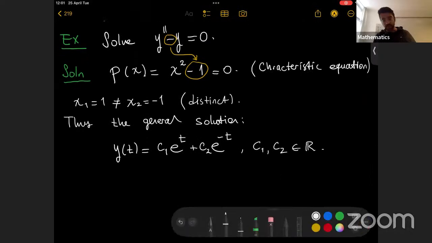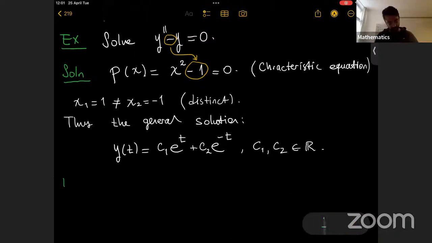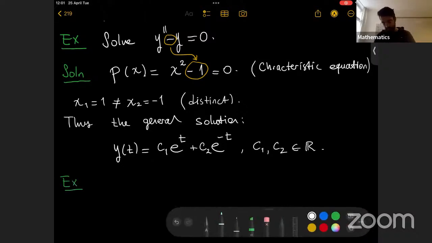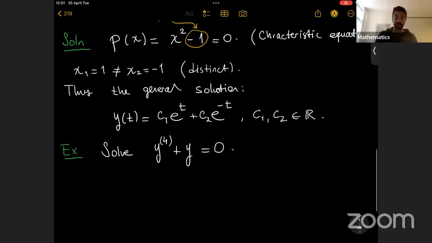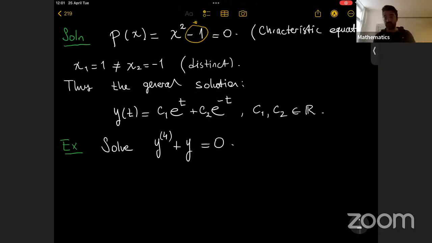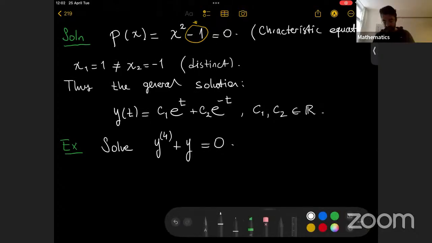Let's do another example. Solve the fourth derivative of y plus y is equal to 0. So this is again a constant coefficient, higher order linear differential equation.